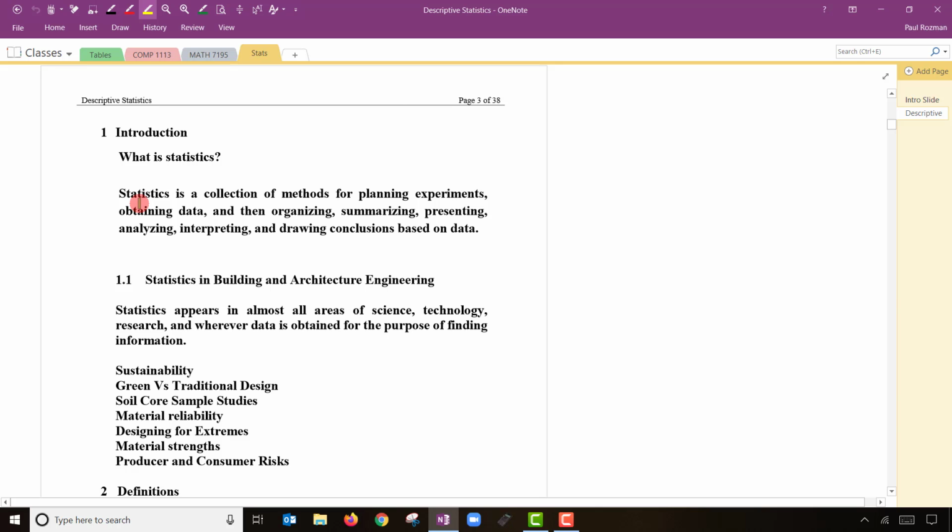Statistics is a collection of methods for planning experiments, obtaining data, organizing, summarizing, presenting your results, analyzing, interpreting, and coming up with conclusions based on the data. So I'd hate to have to spit that one out again, but it does pretty much cover statistics because it is such a broad field.